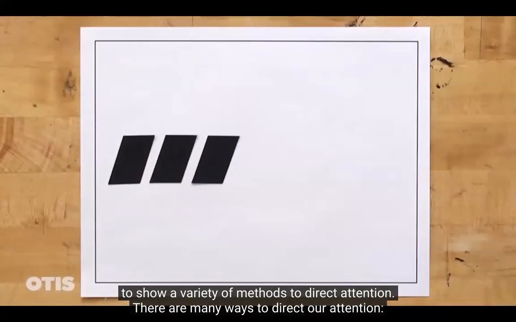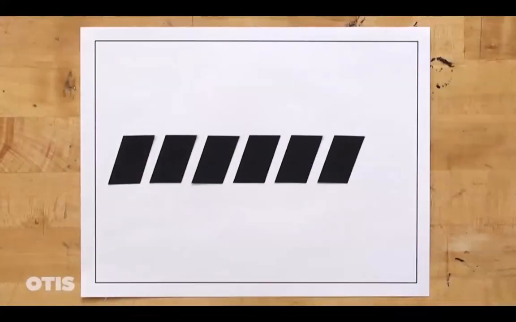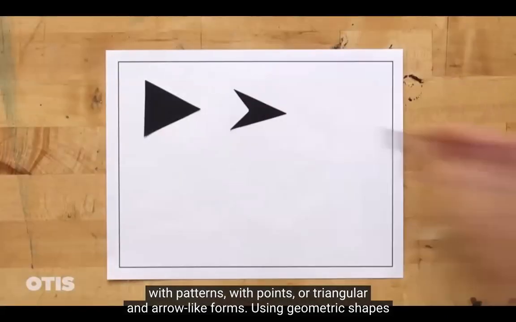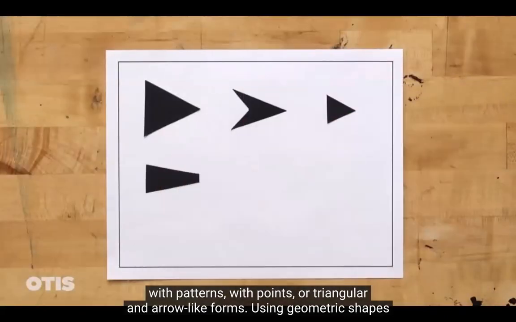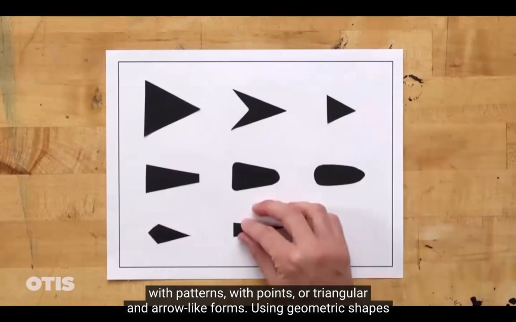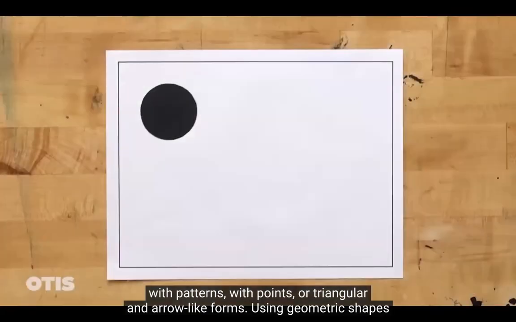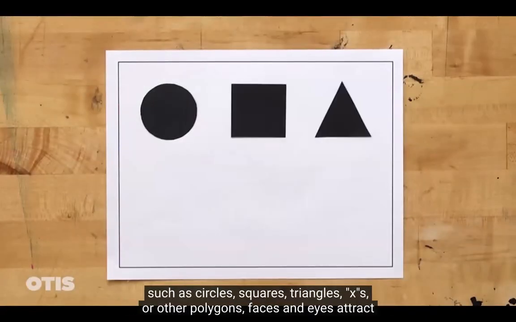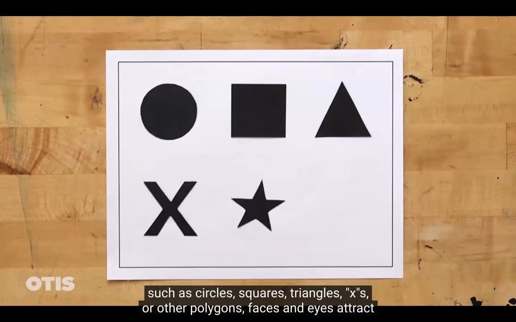There are many ways to direct our attention, with patterns, with points, or triangular and arrow-like forms. Using geometric shapes such as circles, squares, triangles, X's, or other polygons.